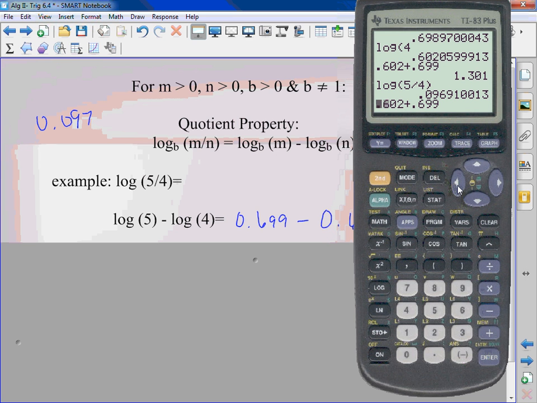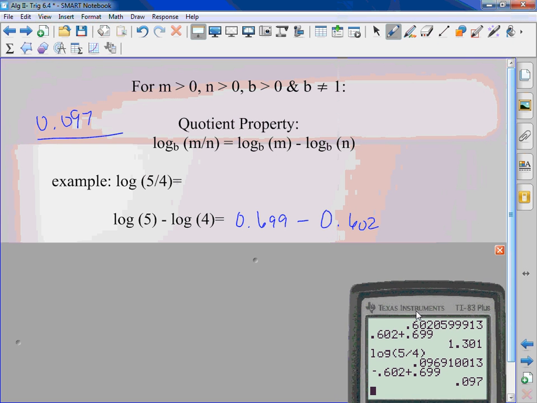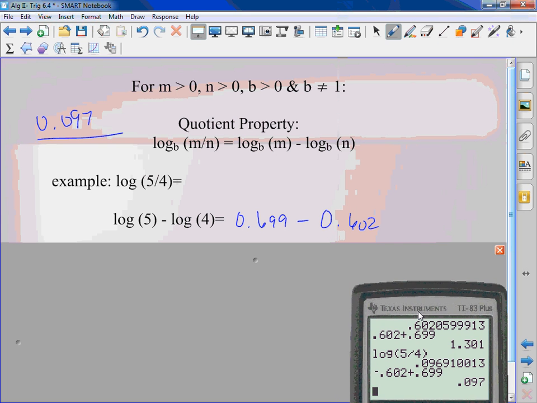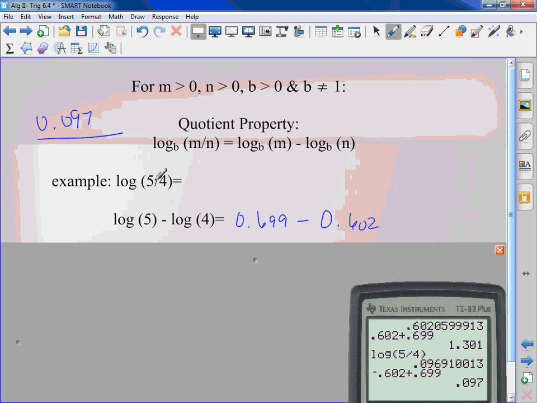Actually, I'll throw the minus here. And I get same thing, 0.097. If it's 5 divided by 4, the 5 has to come first.